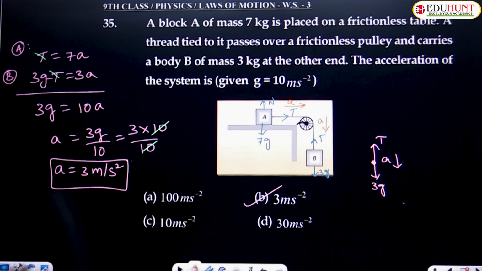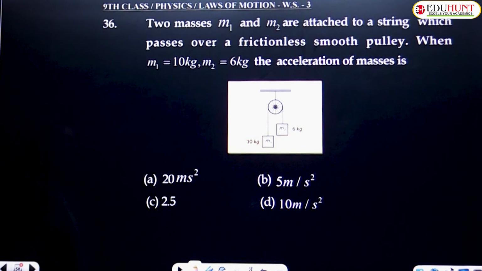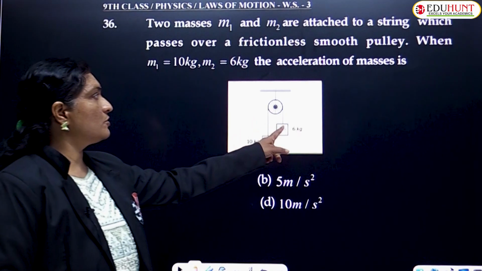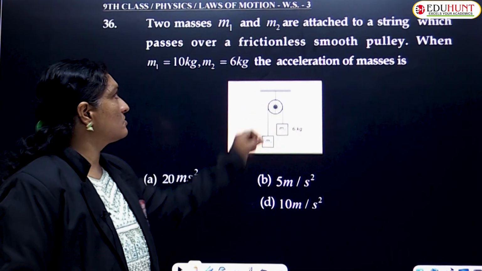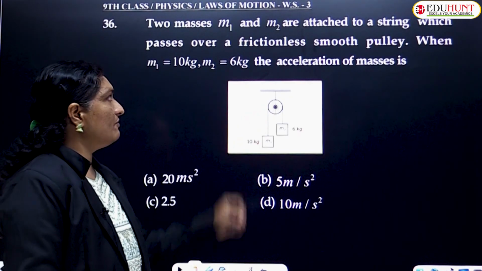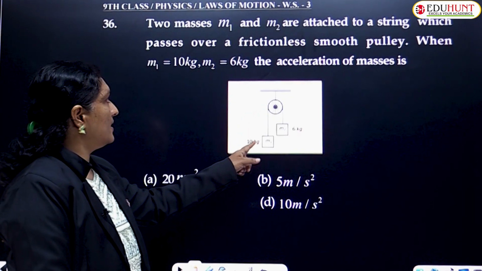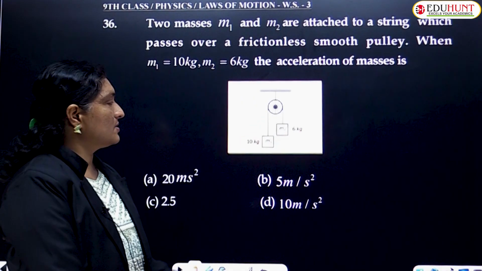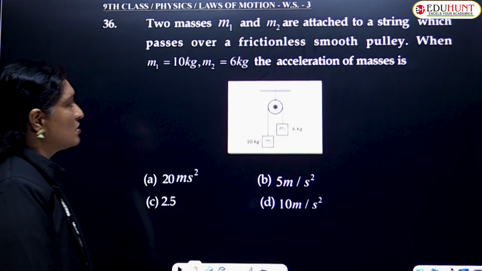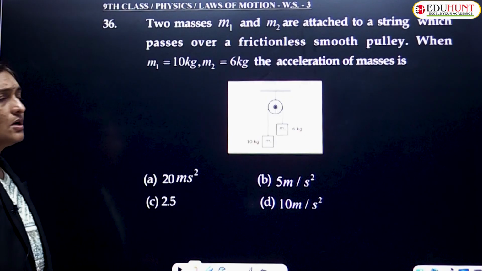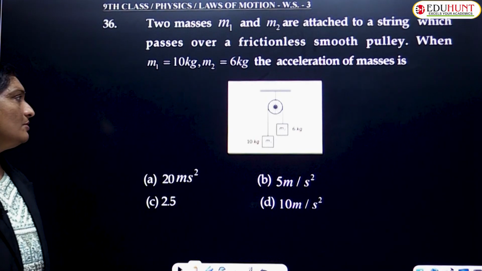Well, moving to the next question, 36th. Two masses M1 and M2 are attached to a string which passes over a frictionless smooth pulley. When mass M1 equals 10 kg and mass M2 equals 6 kg, the acceleration of the system is. So it's a normal Atwood machine numerical.